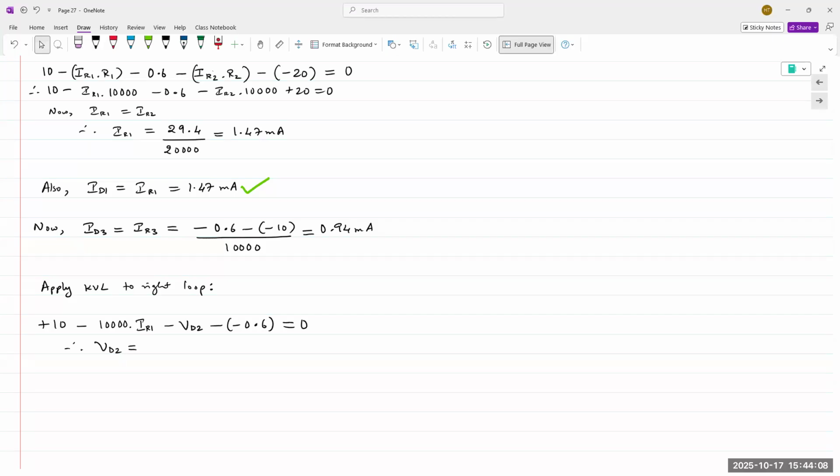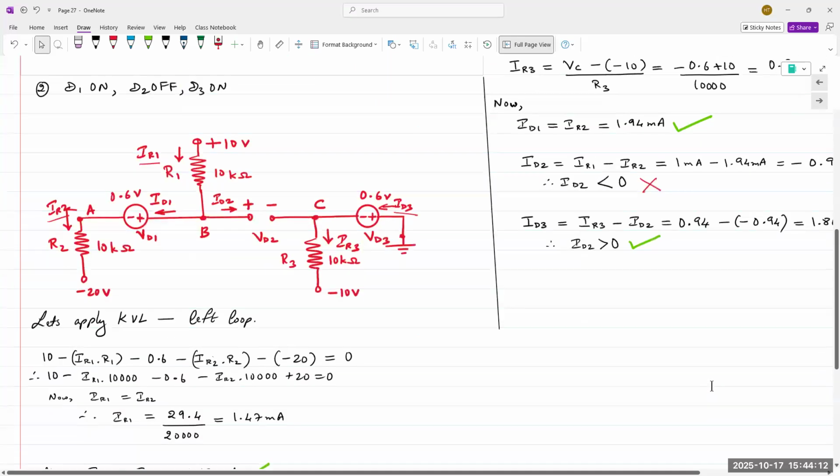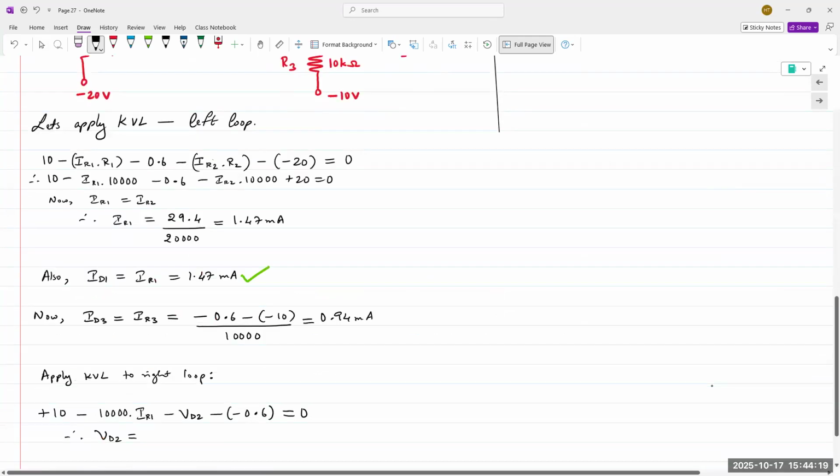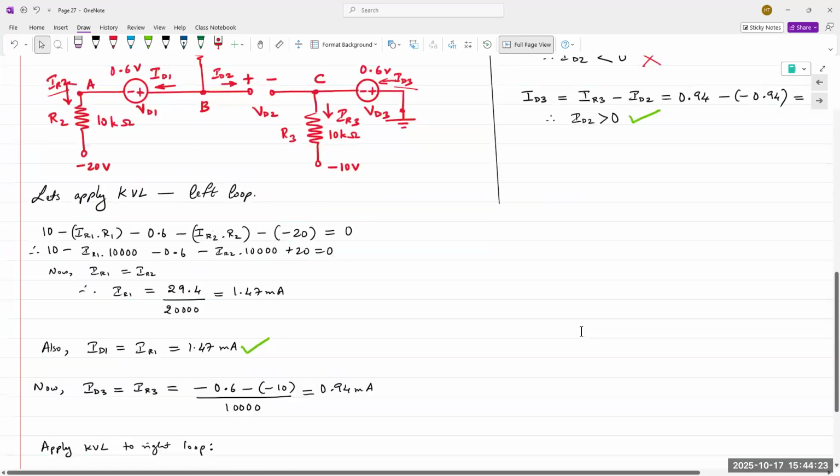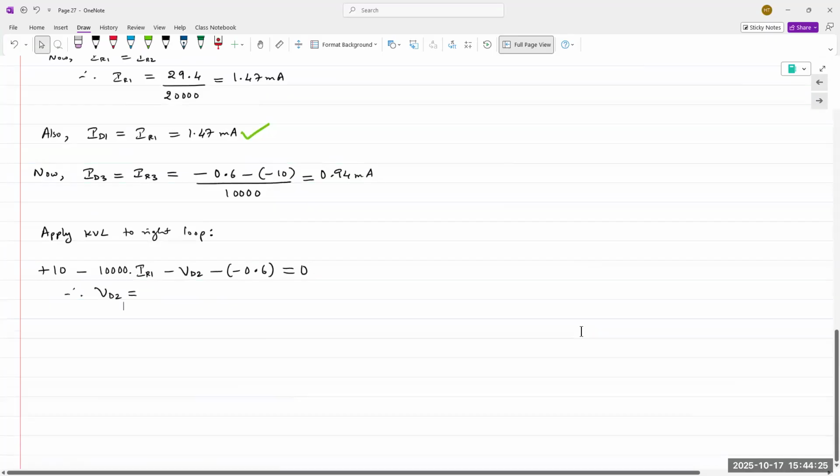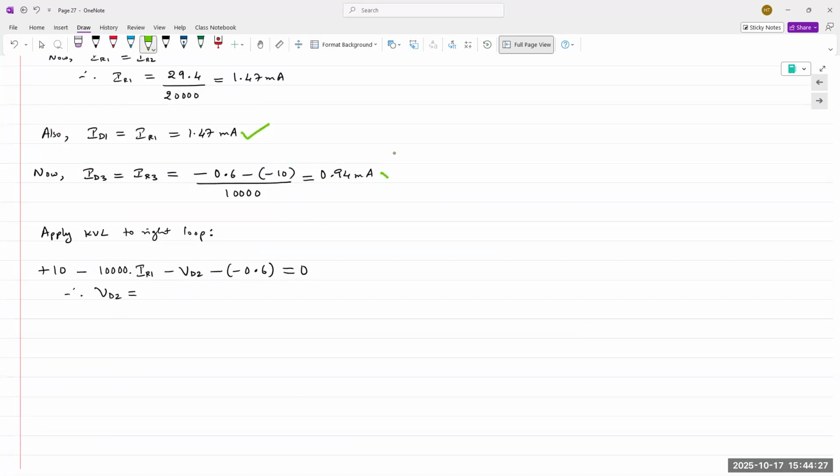So, yeah, it doesn't go to the left, because of the break in the middle. I should put a green tick mark here also, 0.94. Okay.